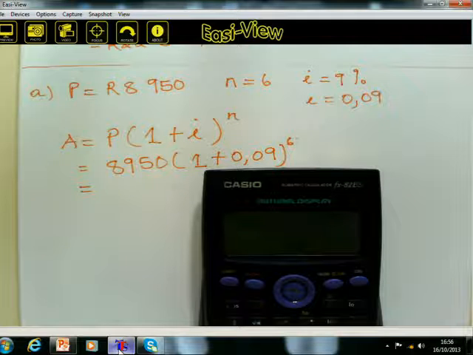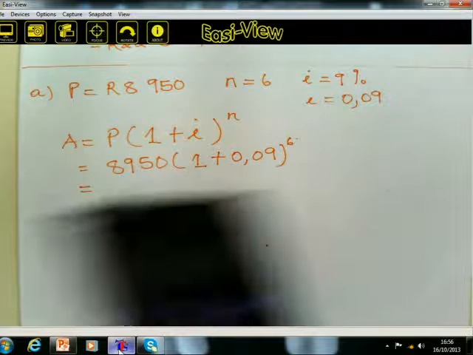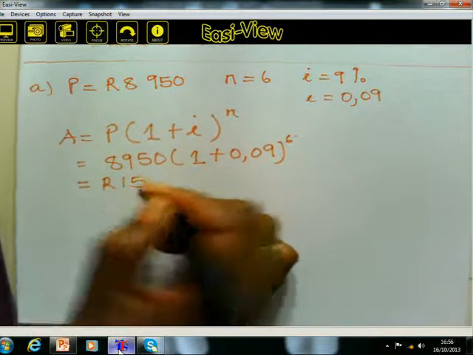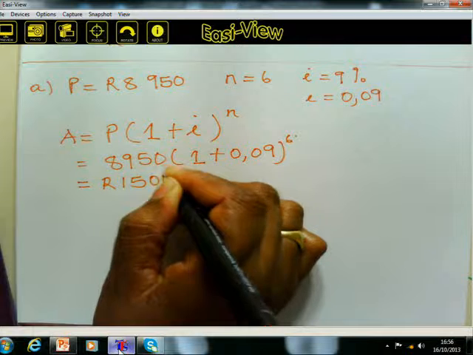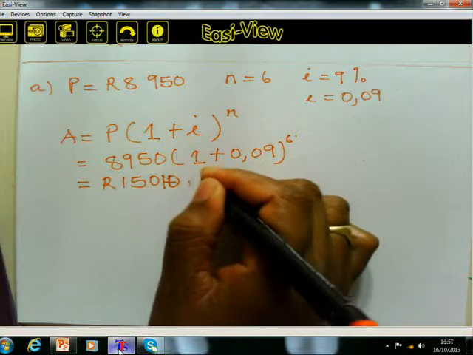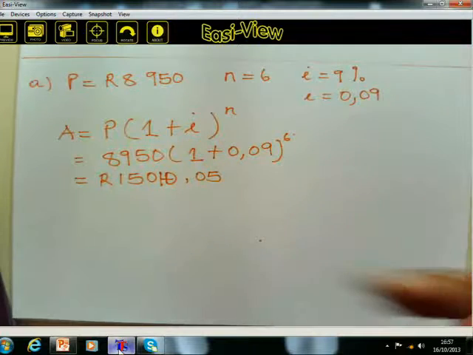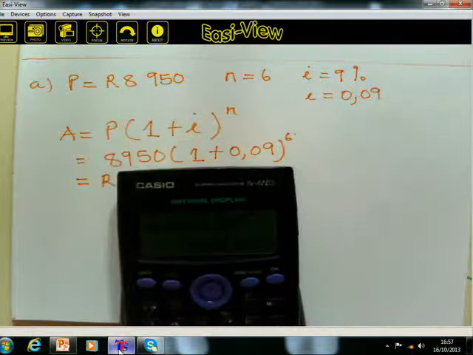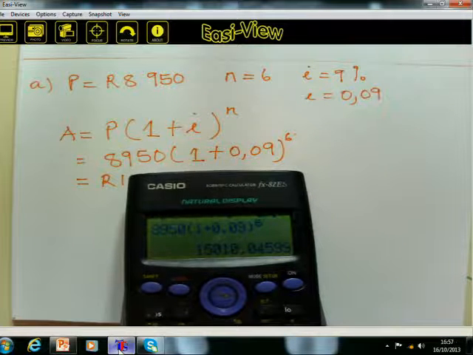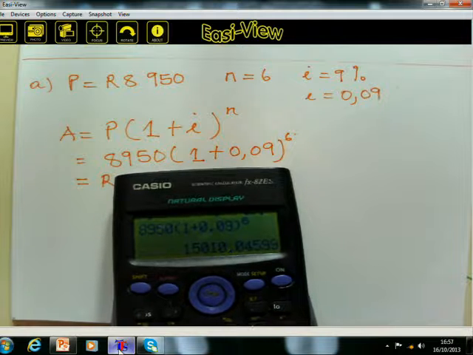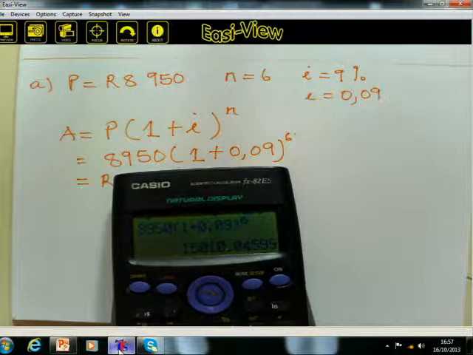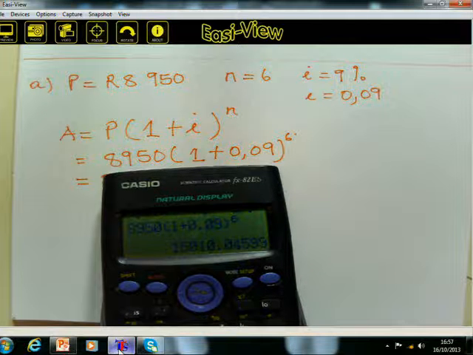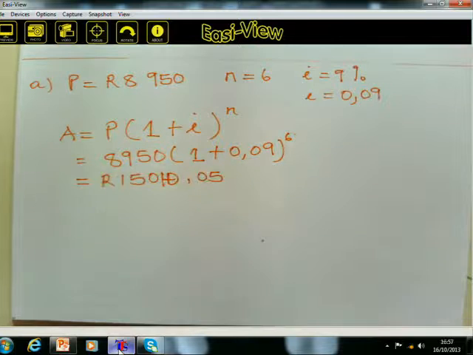What do we get there? 15,010 rand and 5 cents. If you saw correctly here, it's 15,010 rand and 0.04599, to 2 decimal places is going to be 15,010 rand, 5 cents. Let's go back.